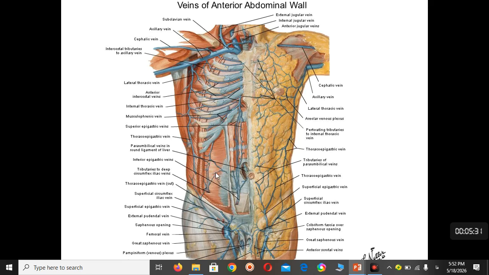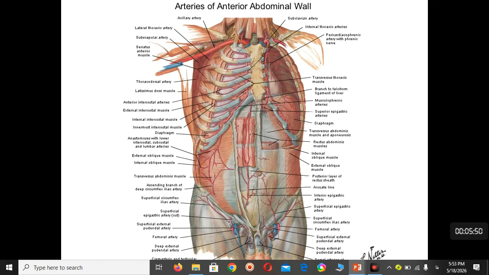Thus, in the anterolateral group, we have three muscles from superficial to deep: external oblique abdominis, internal oblique abdominis, and transverse abdominis.